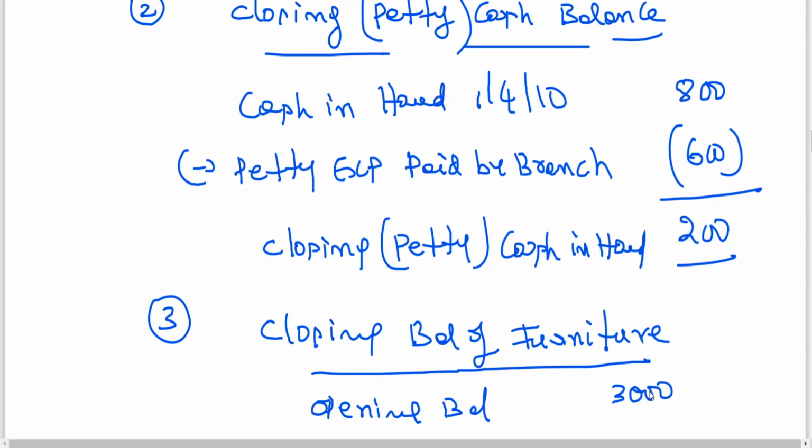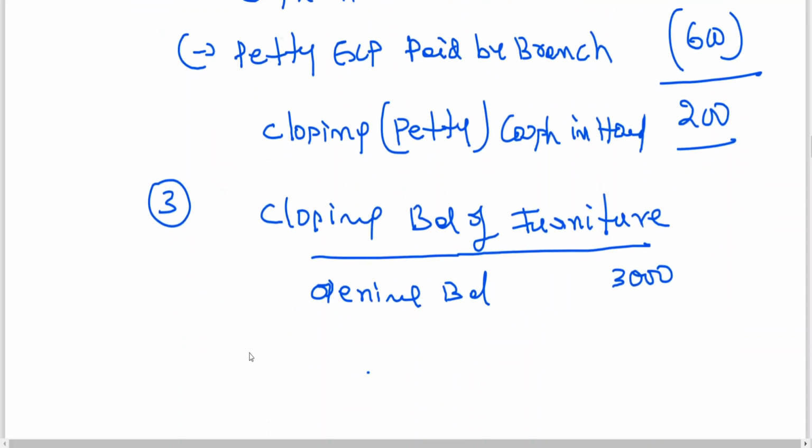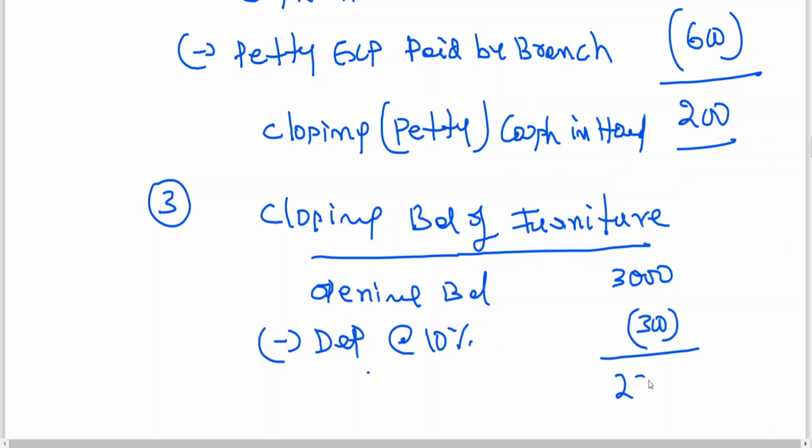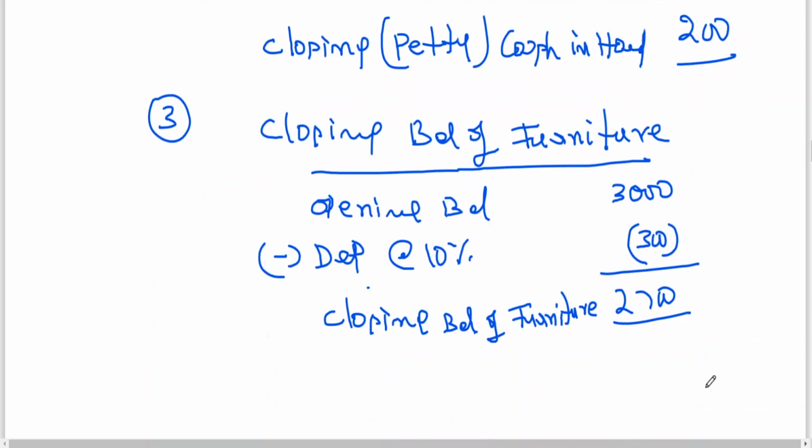Opening balance 3000 minus depreciation is the closing balance of furniture.